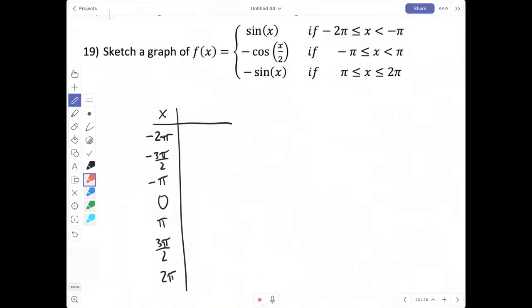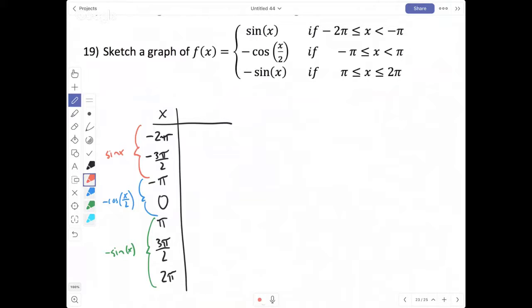So these ones are going to be sine of x. And these ones are going to be negative cosine of x over 2. And these ones are going to be negative sine of x.